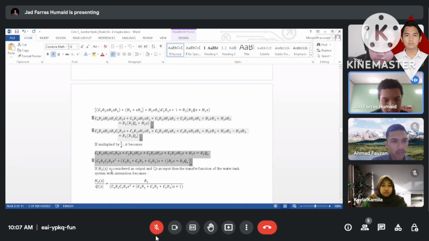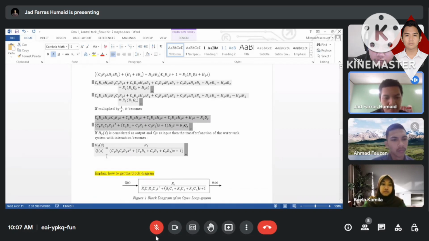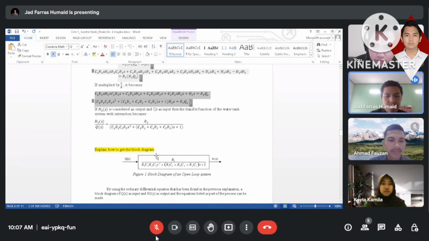is considered as output and Q(s) as input, then the transfer function of the water tank system with interaction becomes H2(s) divided by Q(s) equals R2 divided by (C1 R1 C2 R2 s^2 + (C1 R1 + C1 R2 + C2 R2) s + 1).